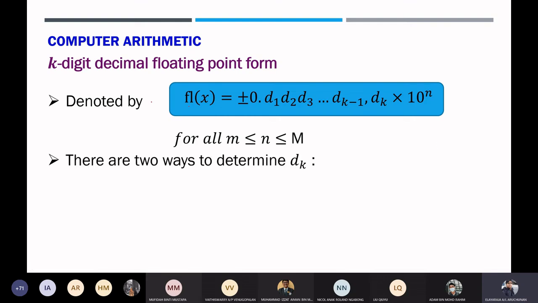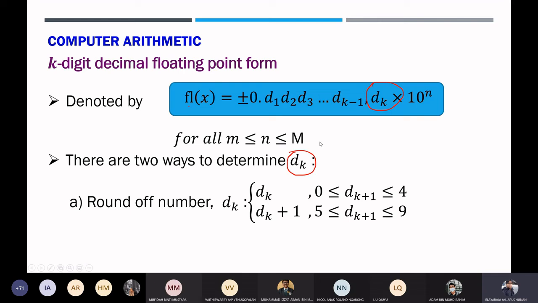Usually there are two ways to determine dk. One way is you can represent it between 0 and 4. The other way is you can represent dk plus 1, which is between 5 and 9.